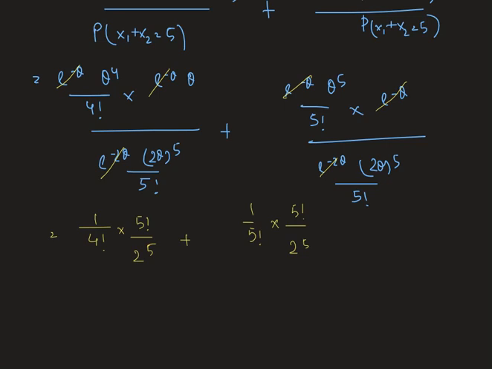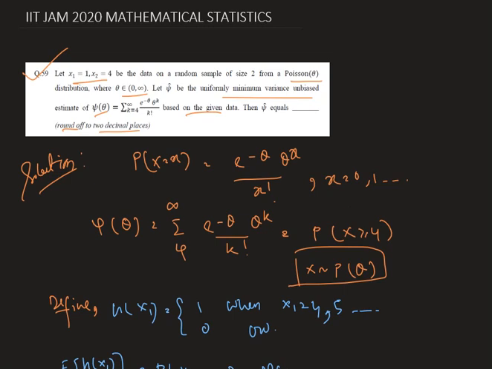Therefore here we get 5 factorial divided by 4 factorial into 1 by 32, that means 5 by 32, and this is plus 1 by 32, hence 6 by 32, which reduces to 0.1875, or we can write 0.19. So 0.19 is our required answer.